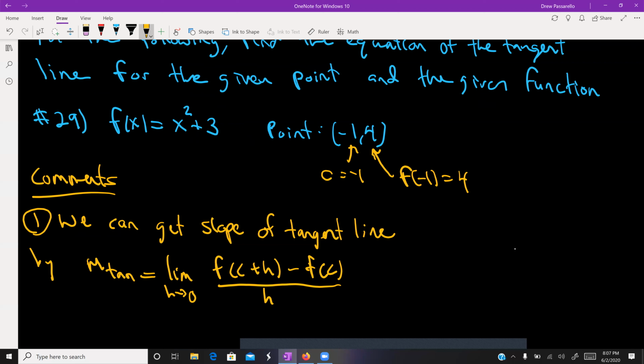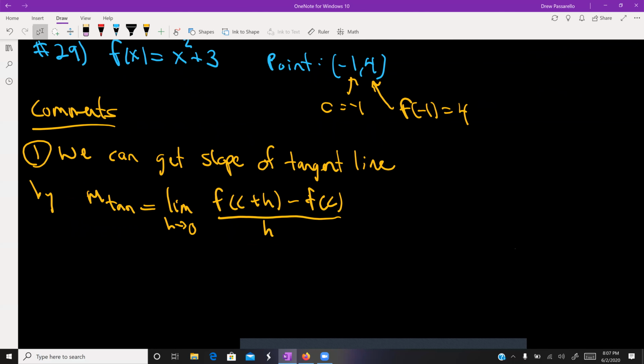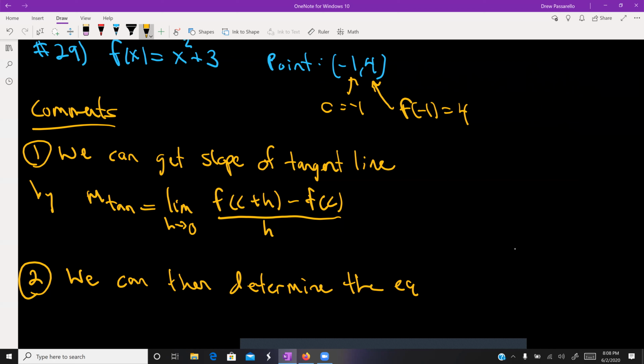All right, so we can get the slope of the tangent line by doing that limit. The next thing we need to do is actually find the equation, so we can then determine the equation for the tangent line.